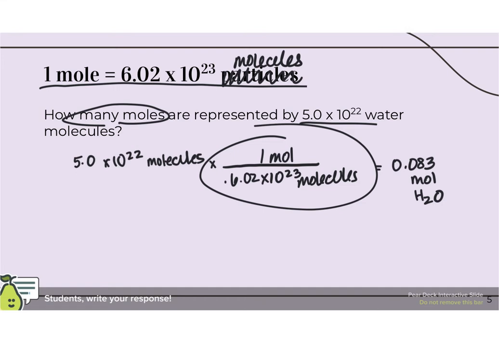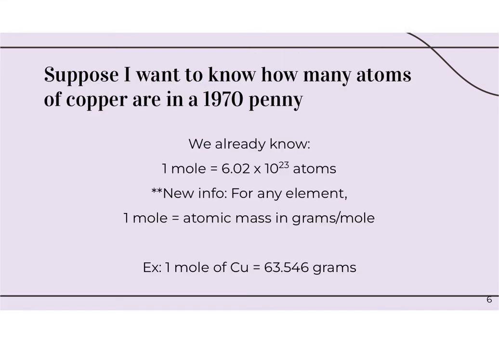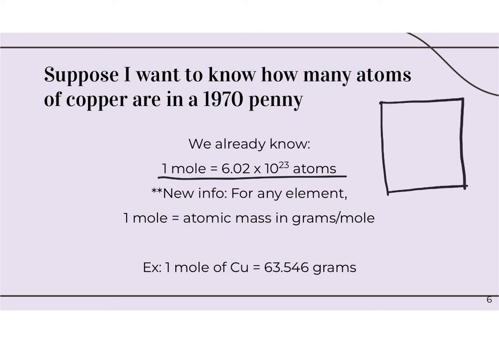Okay, so let's say I want to know how many atoms are in something that I can measure. Okay, well, I know that 1 mole is always 6.02 times 10 to the 23rd atoms. But when I'm looking at something like copper, okay, I know that copper is an element on the periodic table, so I'm just going to quickly draw what that looks like.